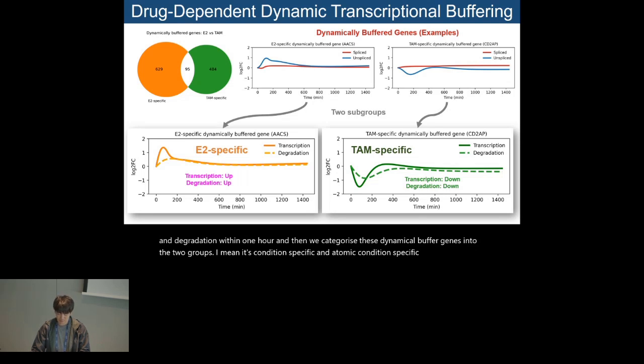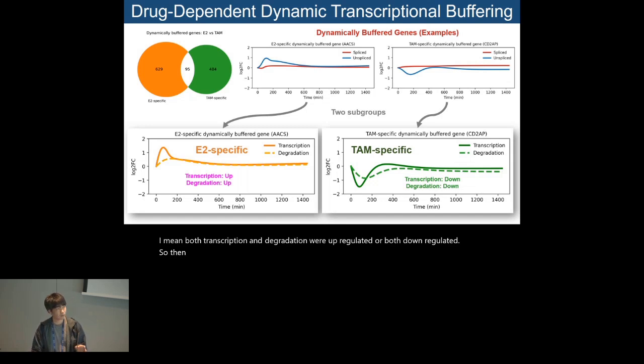Each group was further divided into two subgroups, where both transcription and degradation were upregulated or both downregulated. Then we used these subgroups of buffered genes for the following enrichment analysis.